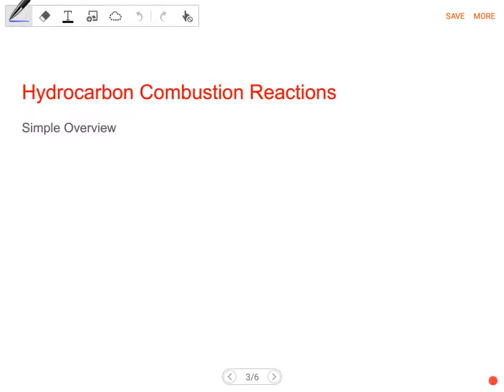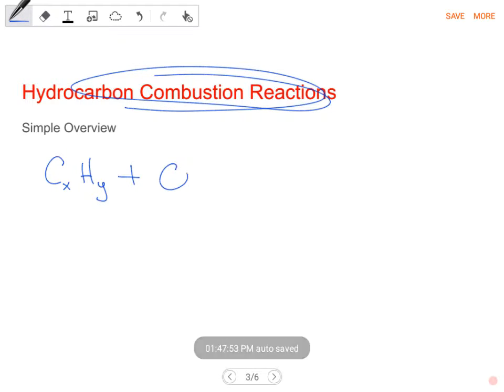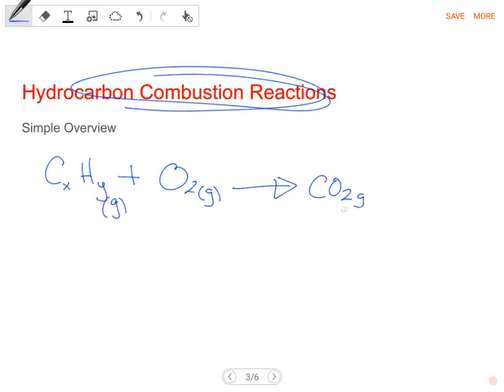All right, so a simple overview. You're going to have the hydrocarbon, so you're going to have some number of carbons and some number of hydrogens. When you have combustion, you must have oxygen gas present in order to burn. So you take your hydrocarbon, you must have oxygen. The products are always carbon dioxide gas and water in the gas form.